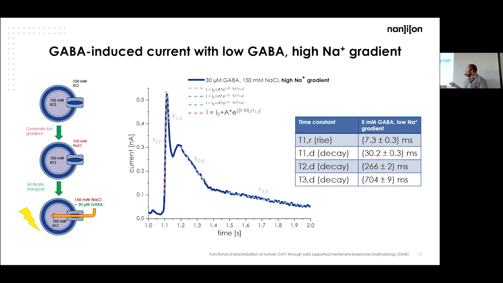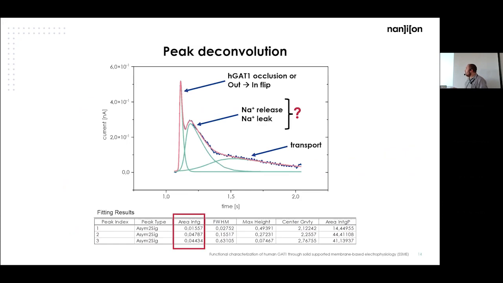So at this point, I wanted to check what all these peaks were about. So I just did a deconvolution and I tried to really dissect all these processes. I was able to do that, and here you can see the deconvolution of the peaks. And I also tried to say what these peaks are individually.